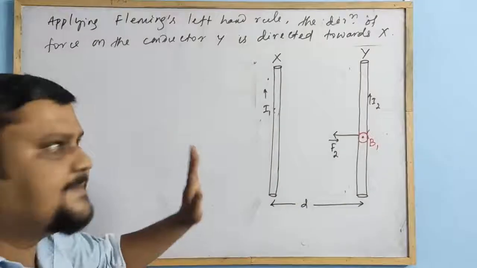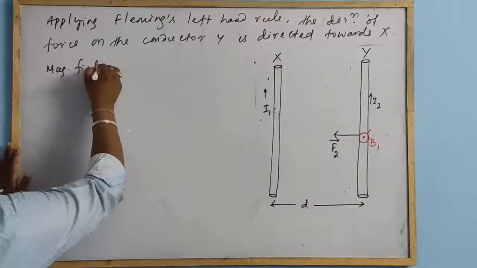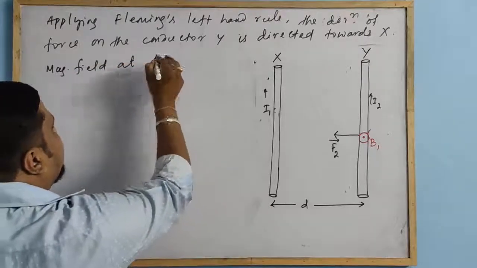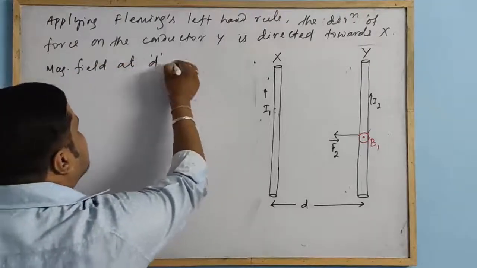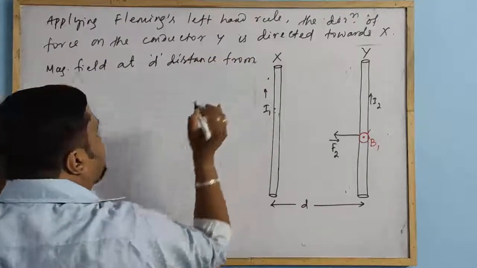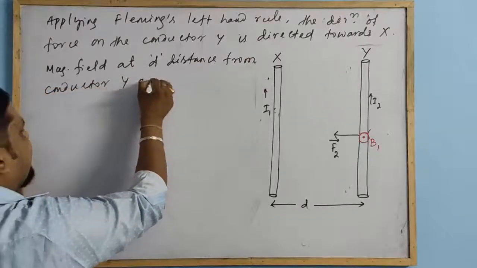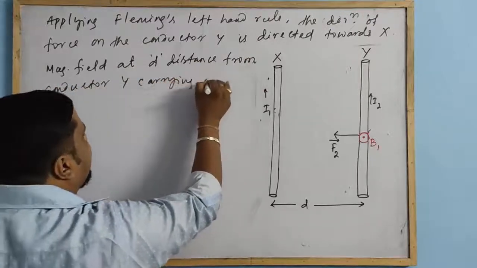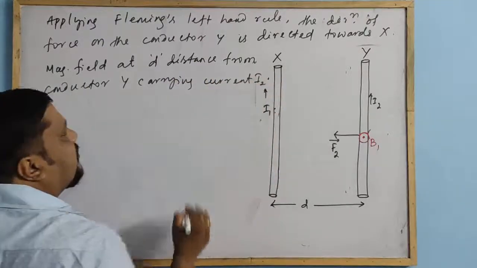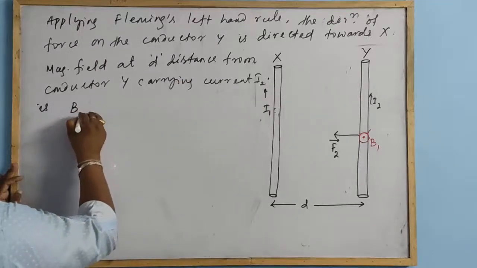I will write here simply the magnetic field at a distance D from conductor Y carrying current I2 is B2.